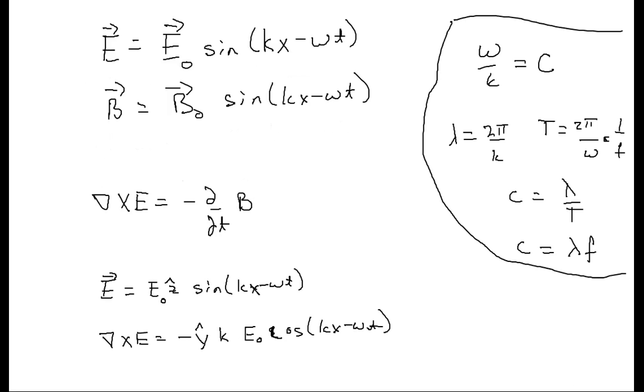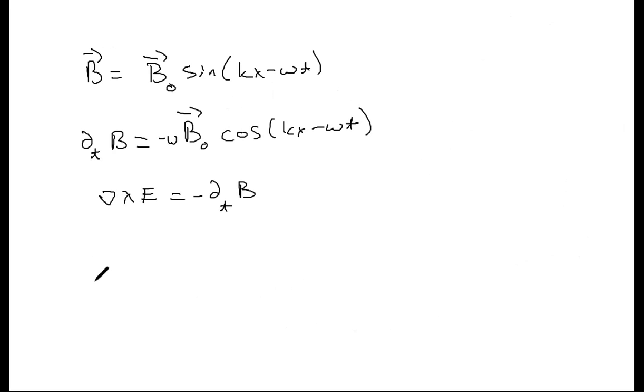in the y direction, the curl explicitly evaluated on the electric field must be related to minus the time derivative of the magnetic field. That's going to be omega.